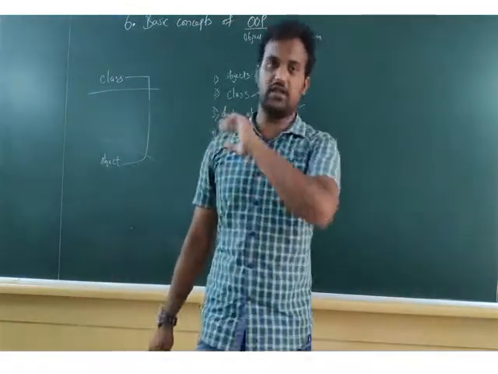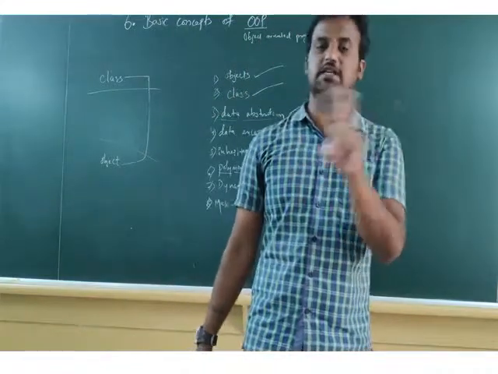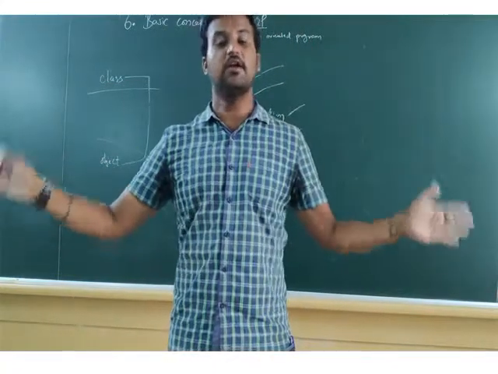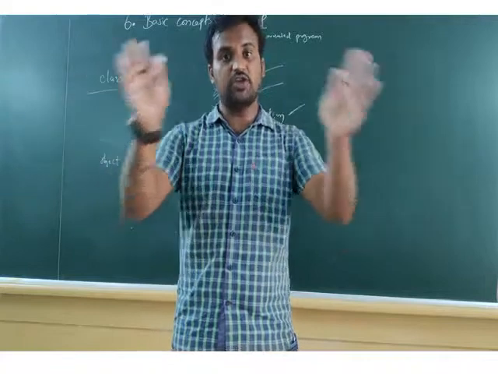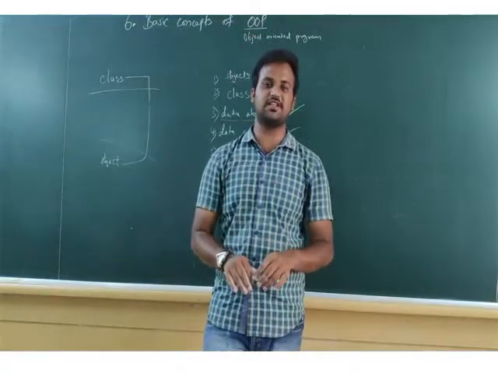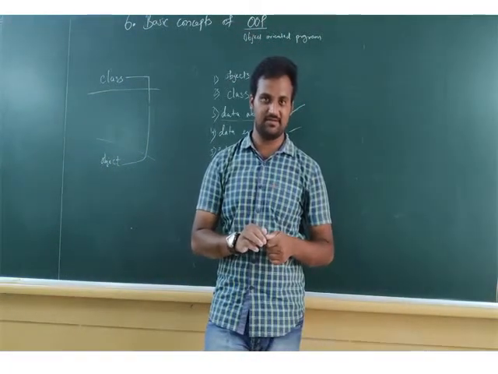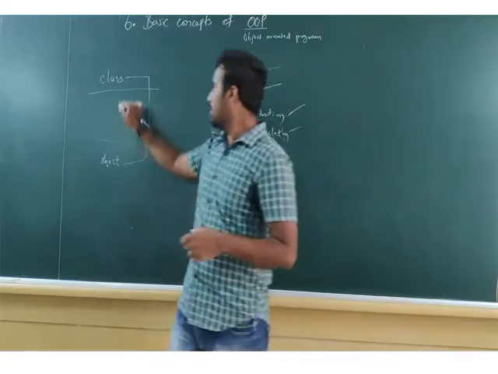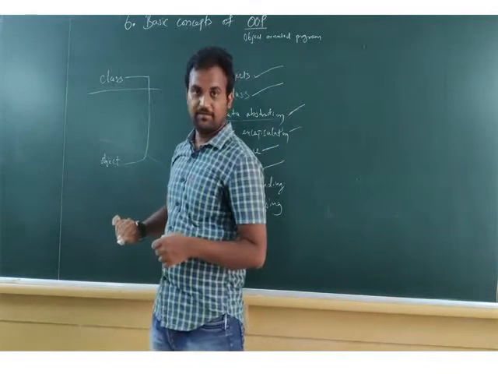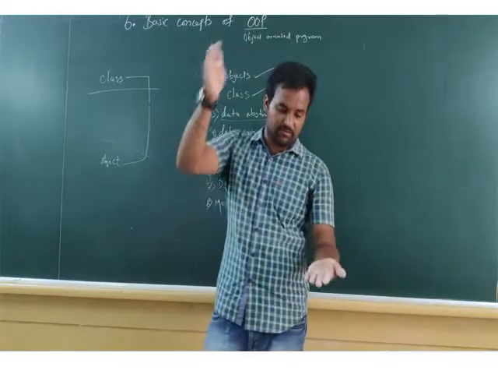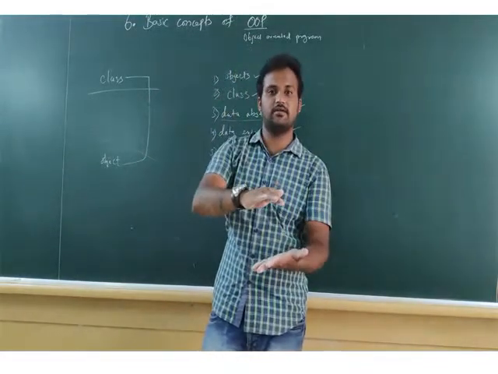Already I have told the theory. You can go backward and see the class and object theory. But we have to write these two in one single program. That is nothing but dynamic binding. Dynamic binding means we are bringing these two together.